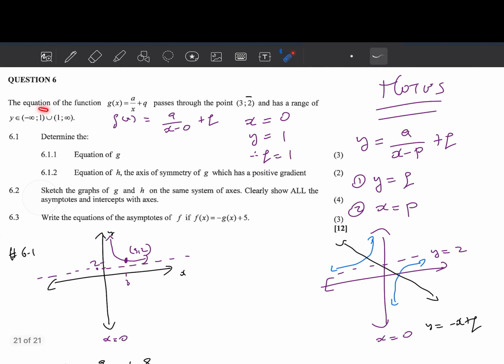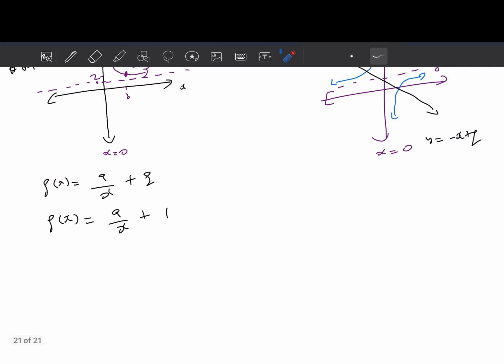The graph goes from negative infinity to 1, doesn't touch 1, and from 1 goes to infinity again, with another branch on that side. So our q is 1. If you have a question on this one, please let me know.